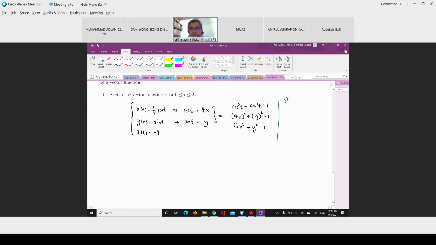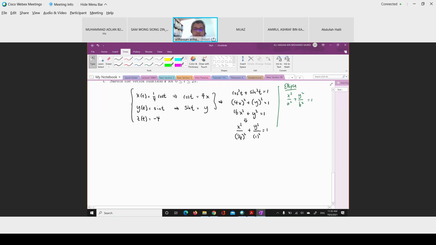An ellipse has the general form x squared over a squared plus y squared over b squared equal to 1. Okay? So we can rewrite this as x squared over (1/4) squared plus y squared over 1 squared equal to 1, right? So therefore a is equal to 1/4 and b equal to 1.